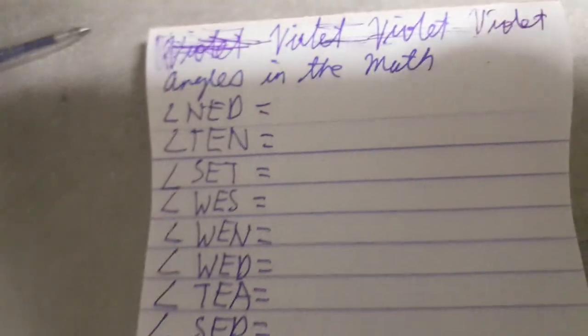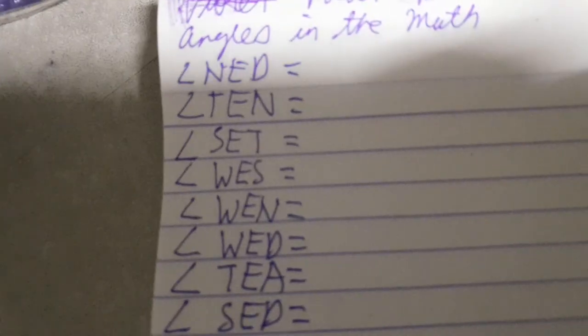Our goal is to find the angles NED, TEN, SET, WES, WEN, WED, TEA, SED, NES, and the last one, angle NEA. That's it. So now our goal is to solve for the missing angles.